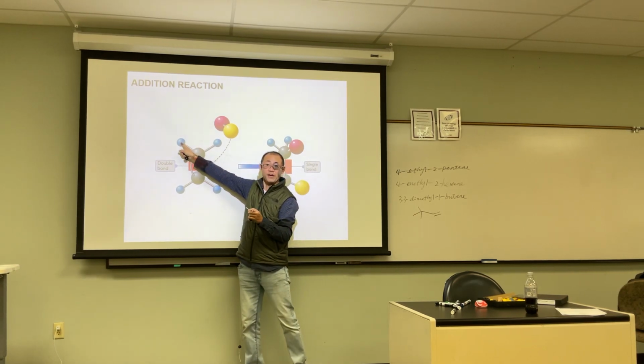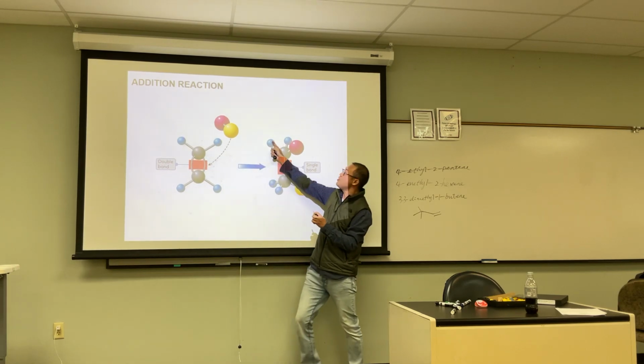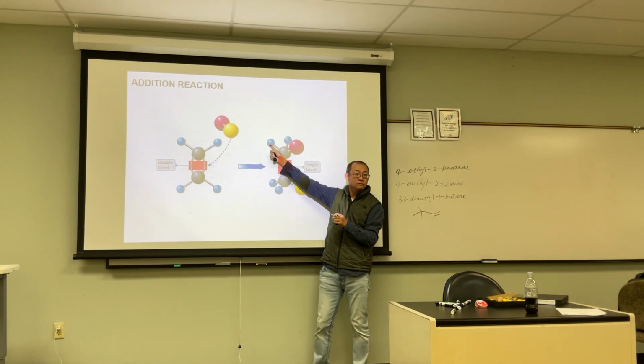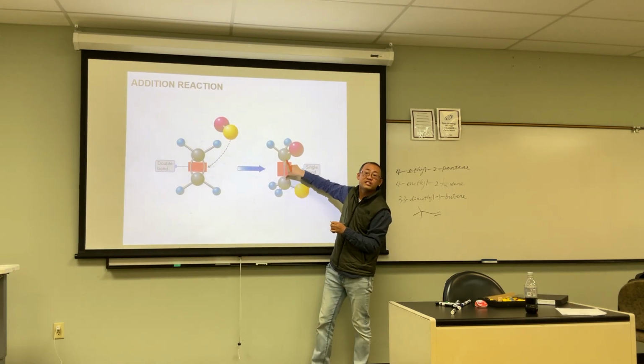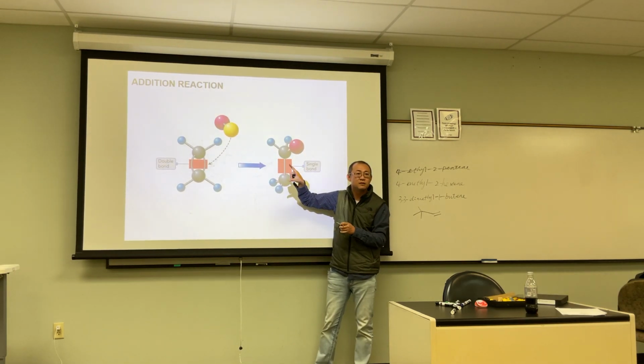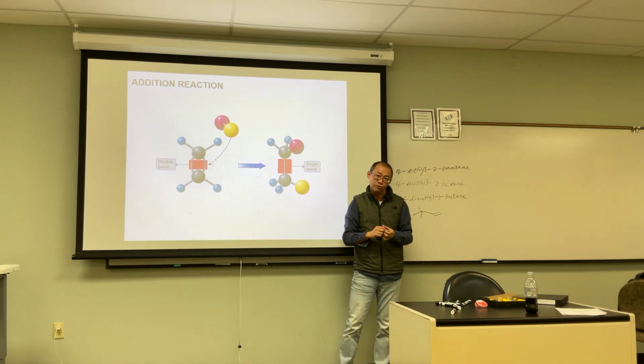If there's a cat over here, for example, connected to this carbon, here you still show that cat. Because the reaction is happening between these two carbons. So the rest of the structure you copy. Don't change it. This is very important.